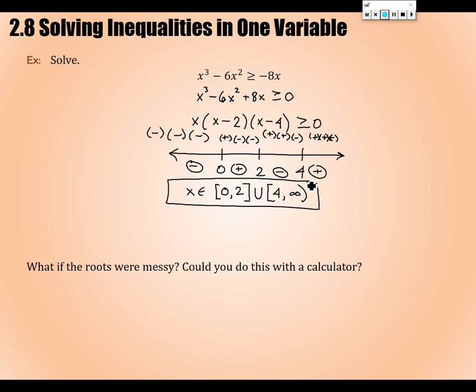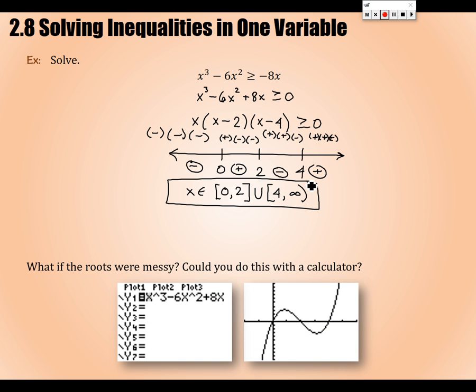Now, the other thing I should say is, what if it wasn't even factorable? Even after rational root theorem and all that, are we done? Is it just we throw our hands up? Well, one way, could you use your calculator? If you had a really terrible polynomial, what would you do? Now in this particular example, the roots are 0, 2, and 4, so there's no need to do that. It would take longer to graph it than to do what we just did.